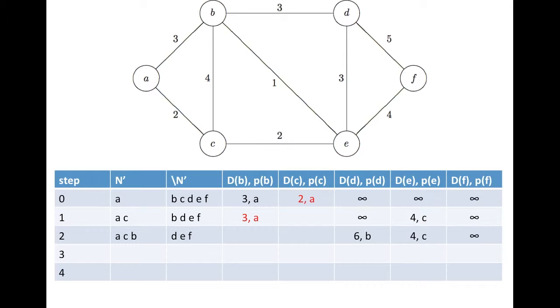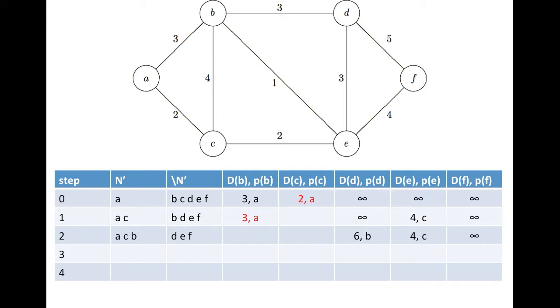Step 2. We highlight node B because it's the shortest path. We add B to N prime column. The nodes that we haven't visited are D, E, F. We ignore nodes B and C since we know their shortest path already. Shortest path to reach node D is through node B, which adds up to 6 units.